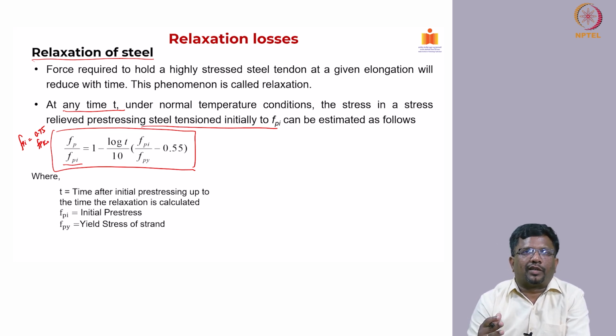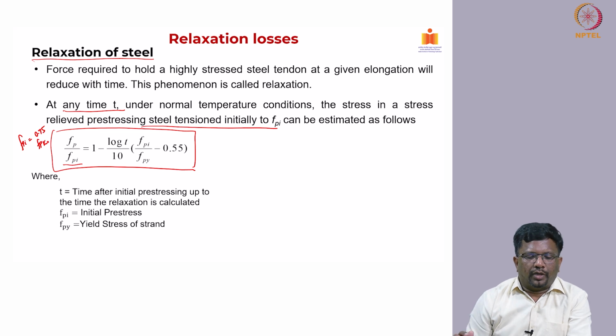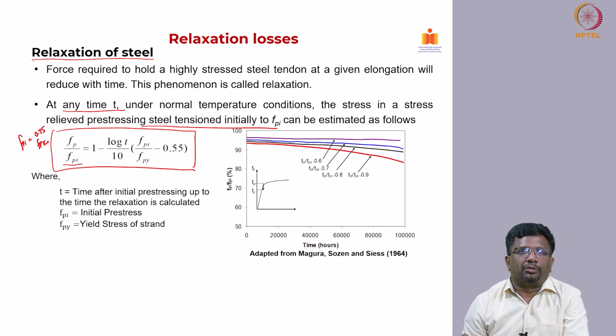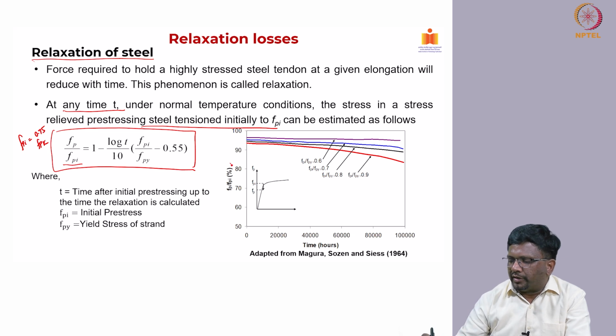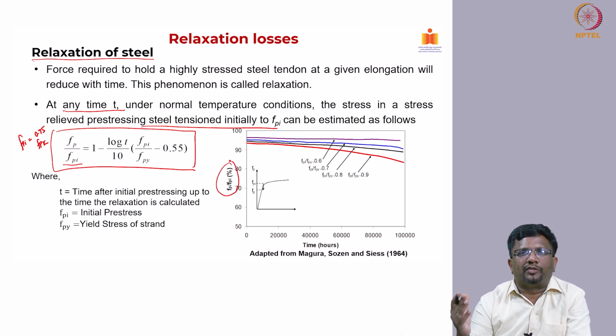your characteristic strength, right? So you can see this equation can also be plotted, and in fact this was also experimentally measured in a study by Magura et al. in 1964, one of the classical works. On the y-axis, it gives an expression for the remaining stress Fp as a function of initial applied stress, and on the x-axis you have time in hours, right?